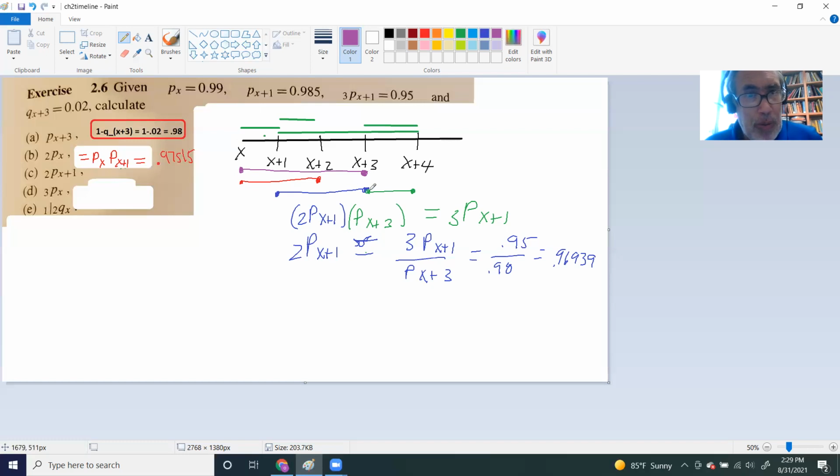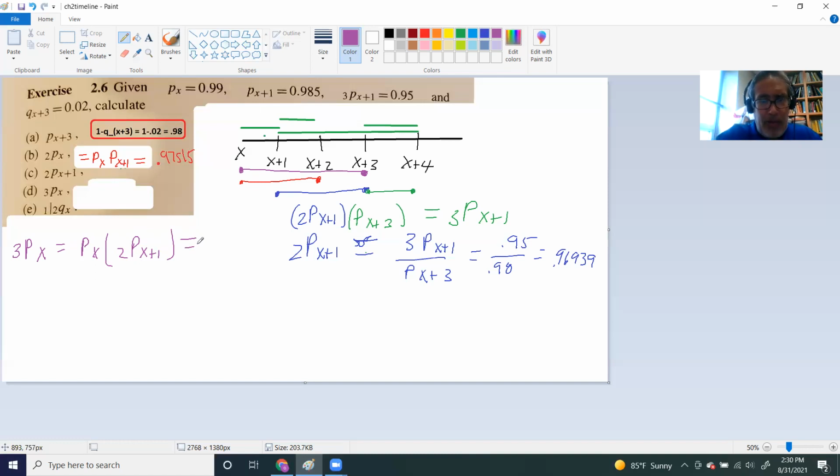You do have a blue one that we just figured out, and then we also have the green one before it. So it could be px times 2px plus 1.